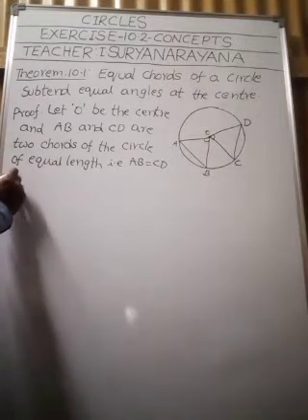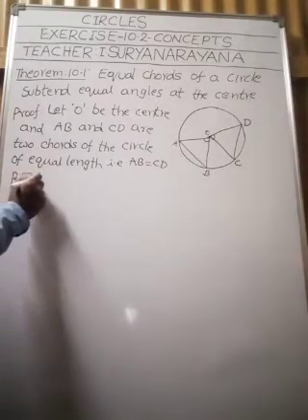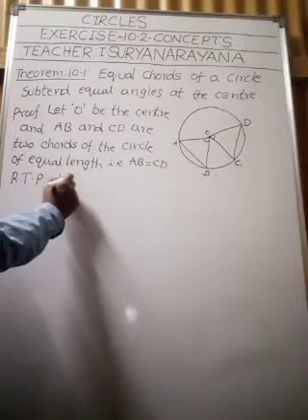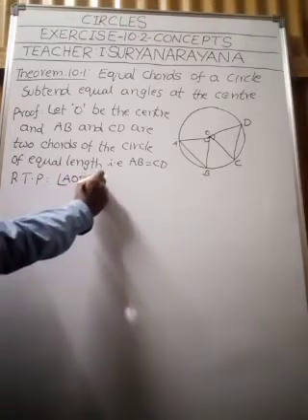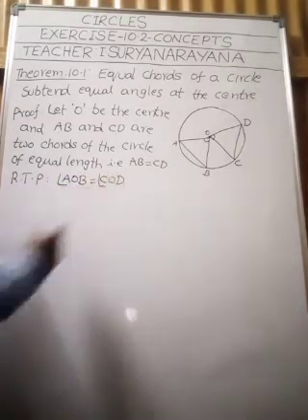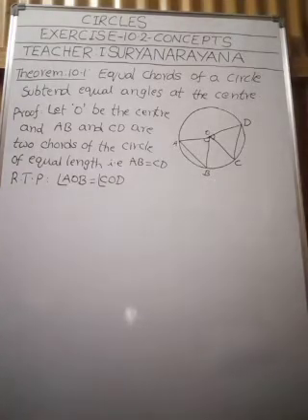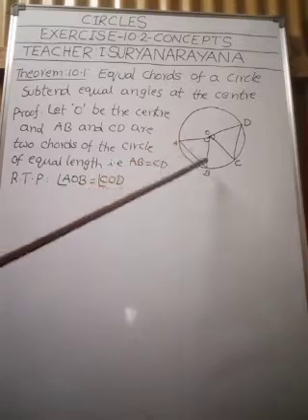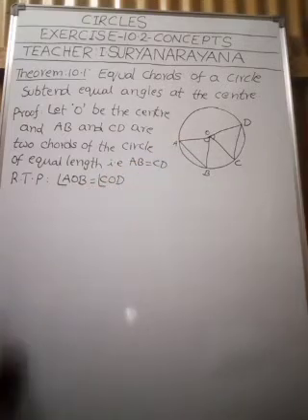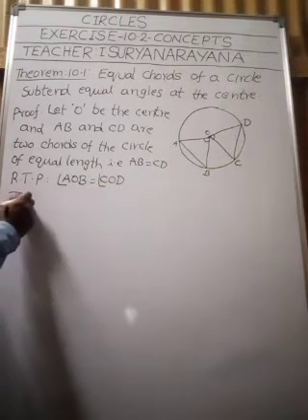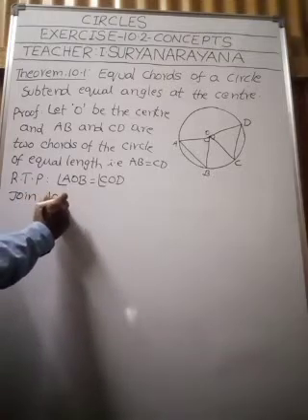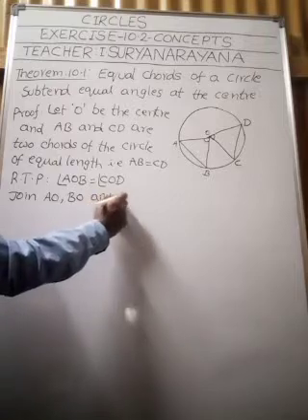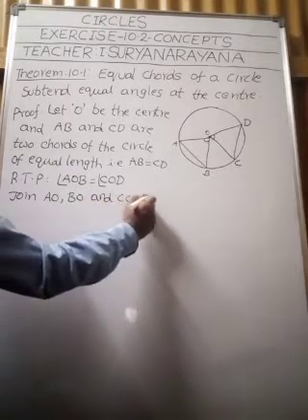We have to prove, required to prove: angle AOB is equal to angle COD. Okay, my children? Right. So for that, join AO, BO and CO, DO.